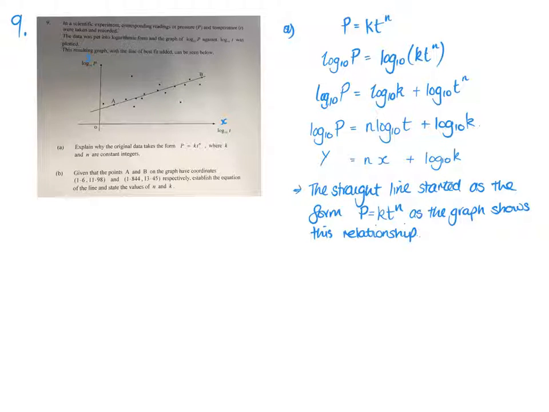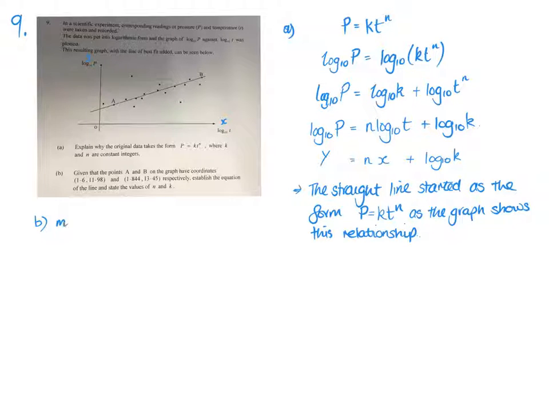Right, so for part B, we've been asked to find the value of n and k. This is just straight line work. As much as it's in a logarithm question, we've been given two coordinates and asked to find the equation of the line and state the values of n and k. We've not been asked for anything outside what we've done before.